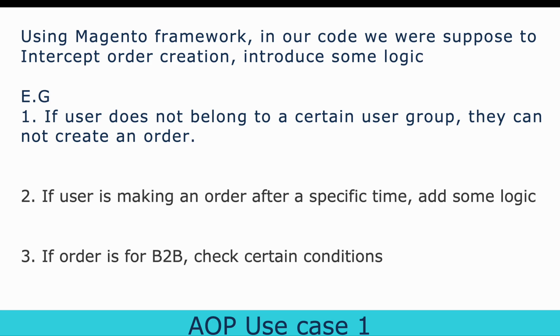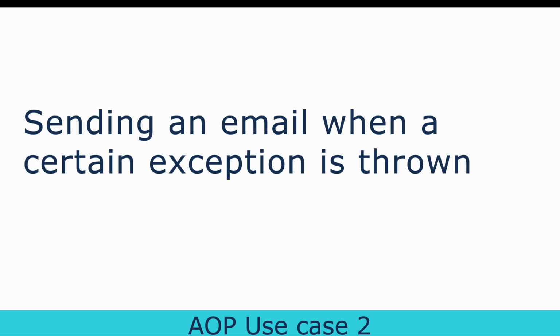Then we implicitly or explicitly write code to proceed, which means we call the target. Then after that, we do some other logic, and then we return control to the caller. So that was the first use case that I had.